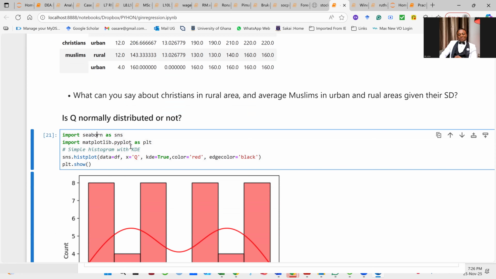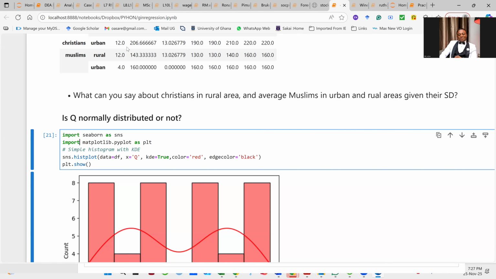To do that, you have to import a library known as Seaborn, together with matplotlib pyplot. We can draw a simple histogram for the quantity demanded, and I'll tell Python to superimpose the kernel density estimation on the histogram.